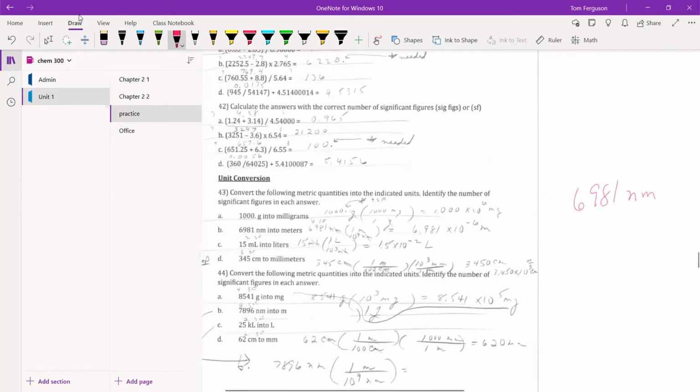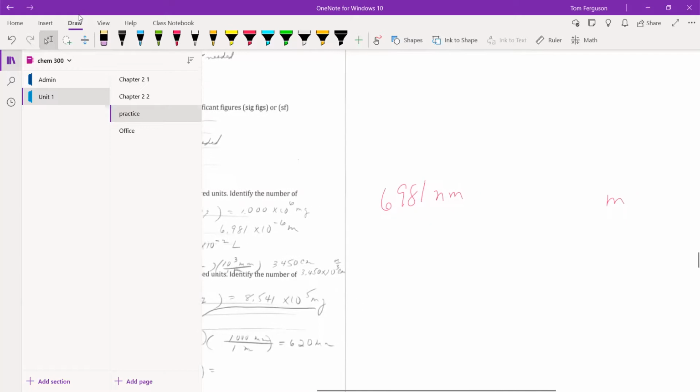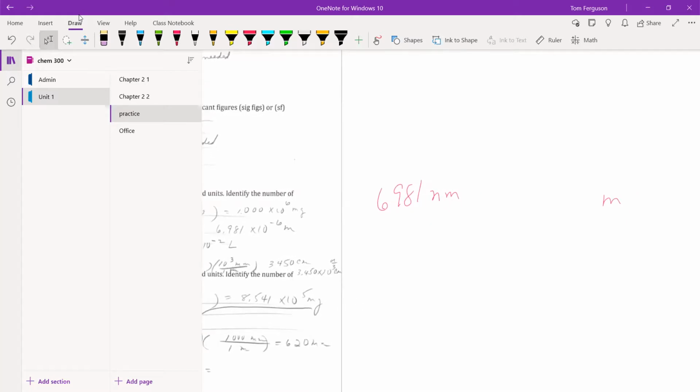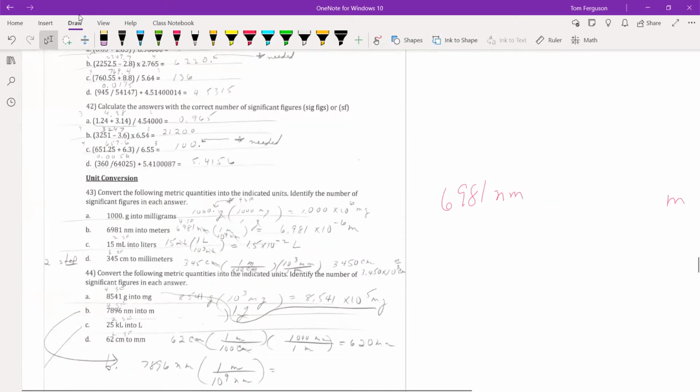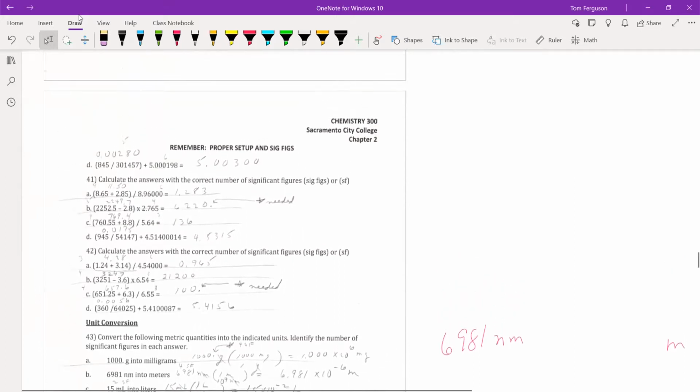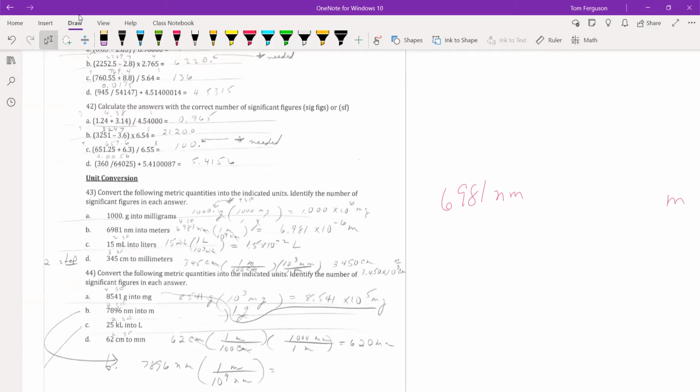Okay, so is there a conversion factor that has both nanometers and meters in it? Well, I'm not on the lecture one, but yes, we have nano means billion. That's 10 to the 9th. So there are 10 to the 9th nanometers in 1 meter.